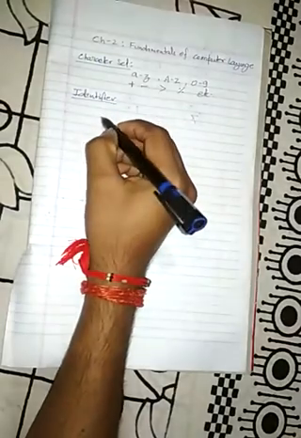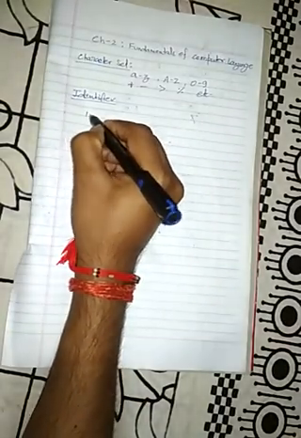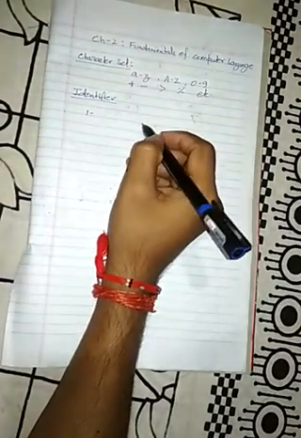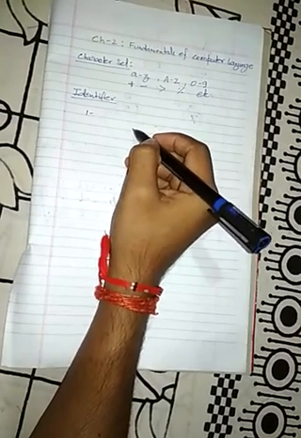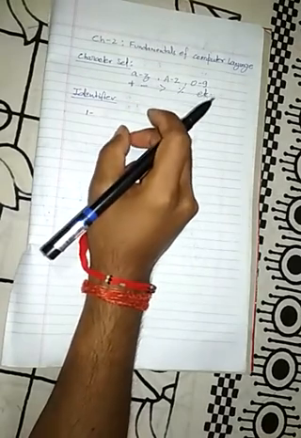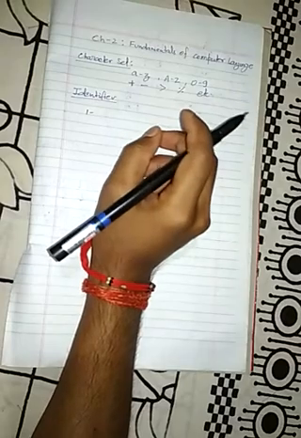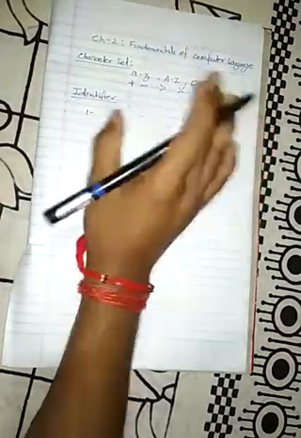What is that rule? The first rule is that the first letter of an identifier must be an alphabetic character. It is forcefully said that it must be an alphabetic character or an underscore sign.